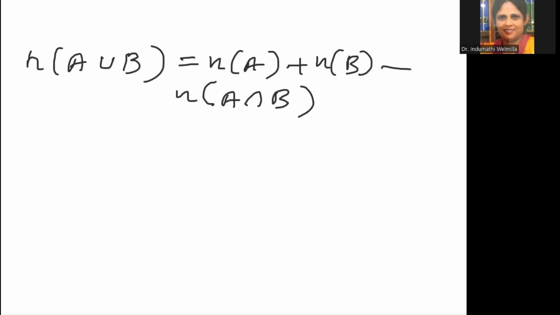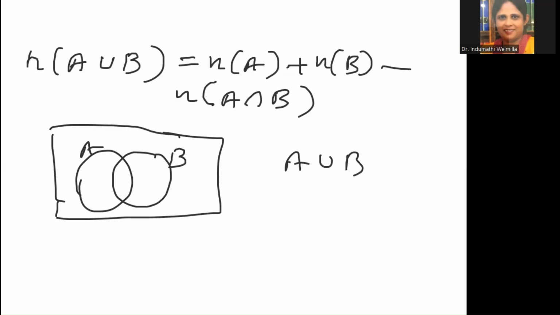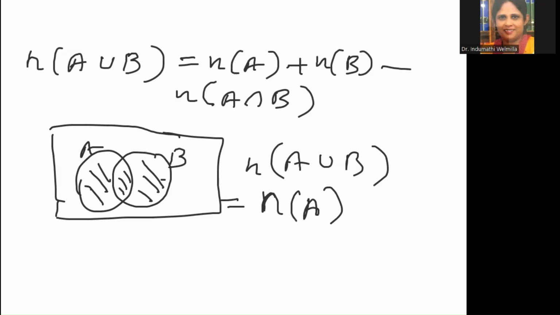That's how it becomes. When we use the Venn diagram, if this is set A and this is set B, then A union B is this part, this part, and the intersection part. When we add N(A), that means this whole part.